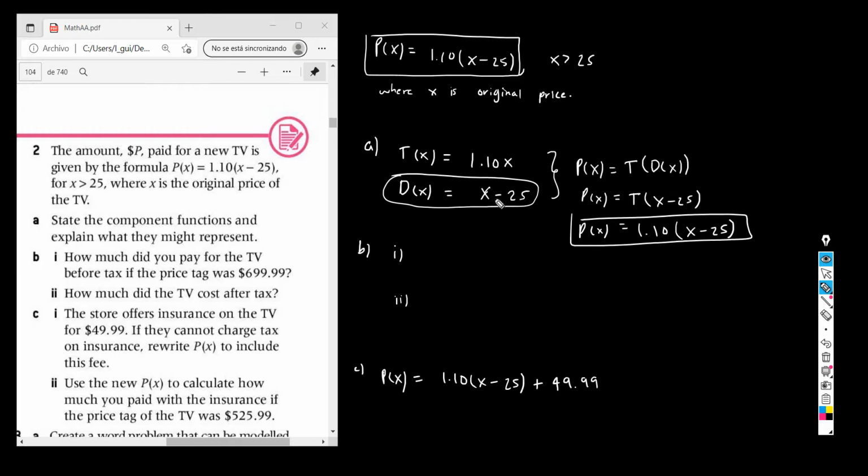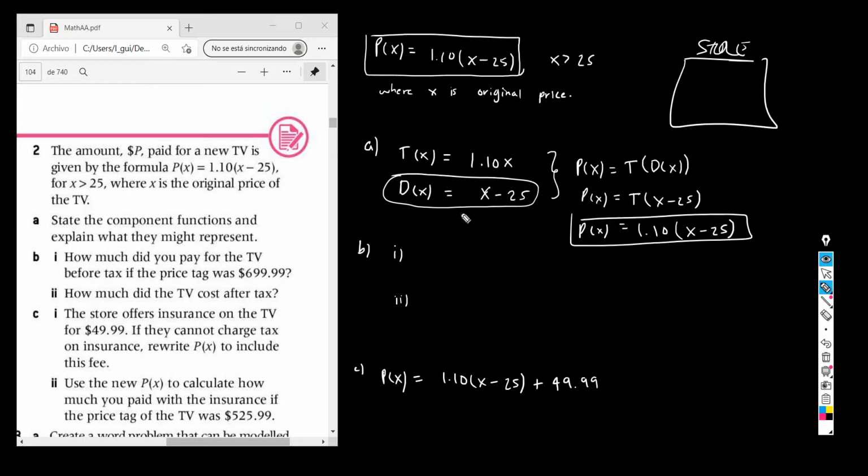Why are they making this discount? I don't know. On a given day, the store has a discount of $25 on all TVs. Then the discount function of any TV would be the original price minus 25, and that would be the new price with the discount.